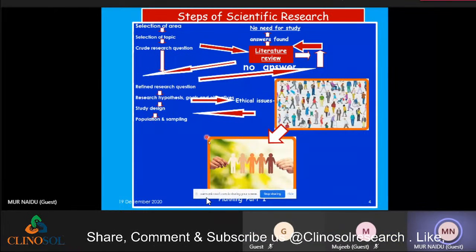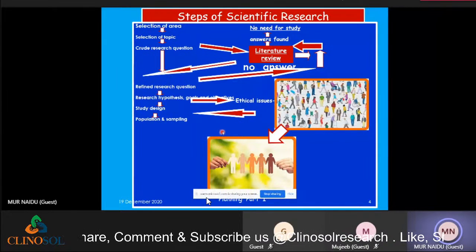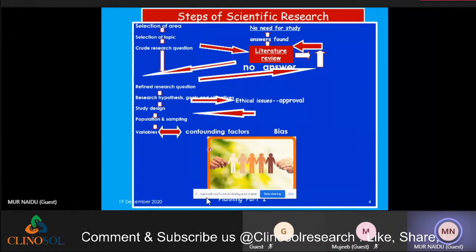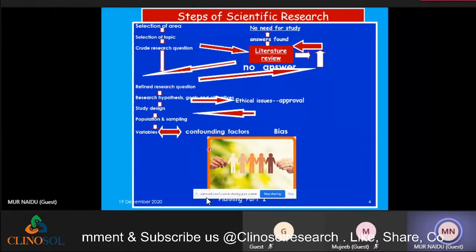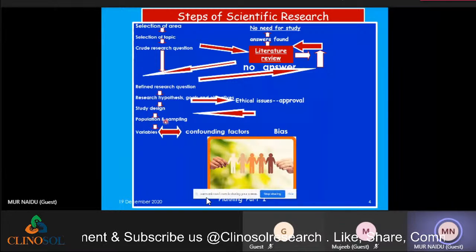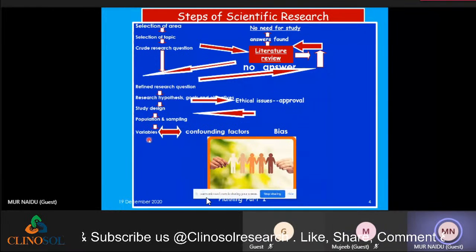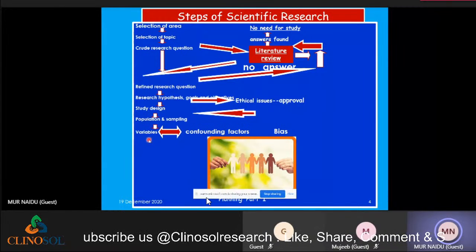Now once you have got the research design, you get a variable. This variable depends on the type of study which you want to do. For example, if you want to study hypertension, naturally the variables will be blood pressure, heart rate and other things.